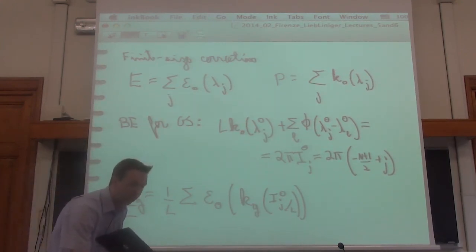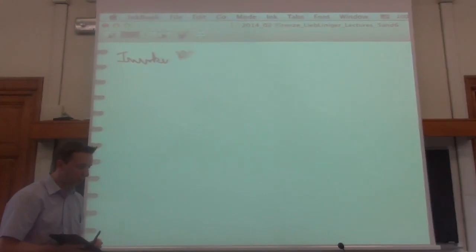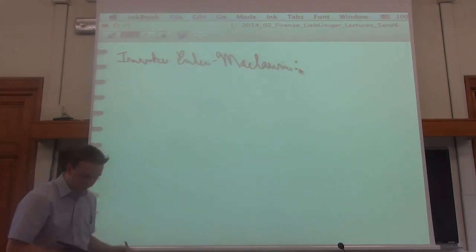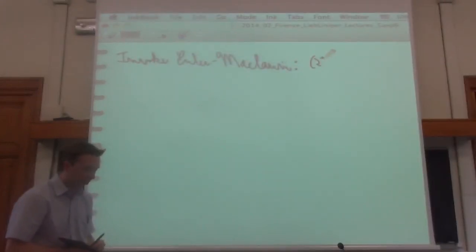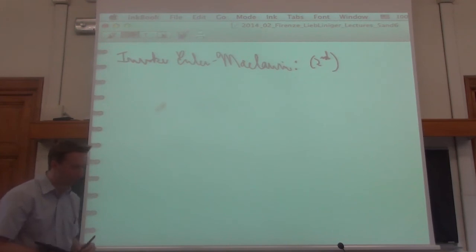Okay, so you invoke Euler-Maclaurin. The second form, I've written it in the notes actually, but let me just write the result.